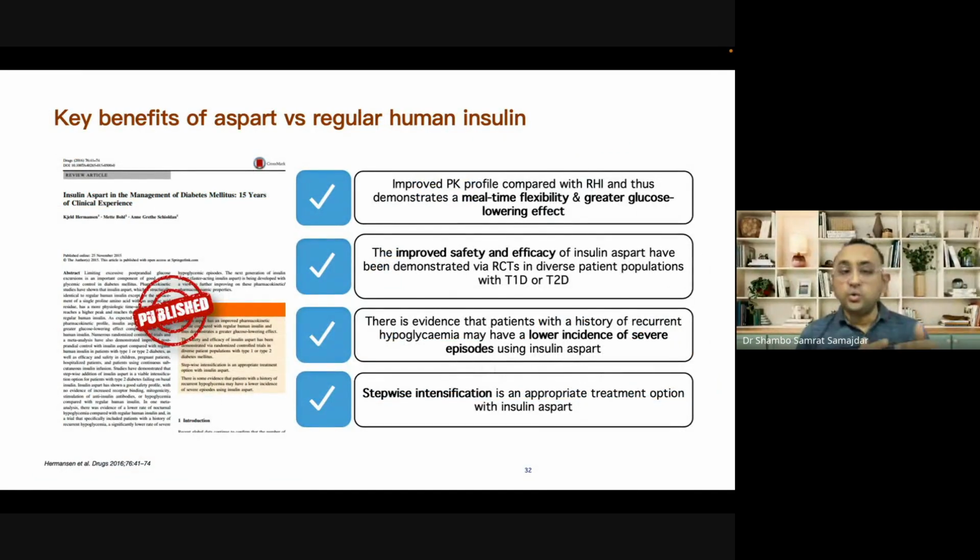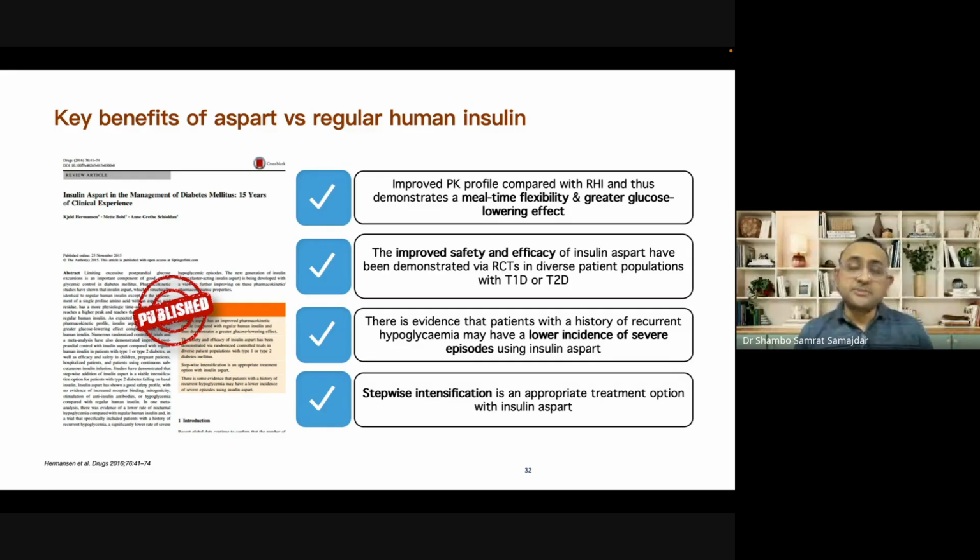So when we talk about aspart versus regular insulin, be it aspart or glulisine, the improved pharmacokinetic profile helps us reach mealtime flexibility and greater glucose lowering effect. The improved safety and efficacy of insulin aspart has been demonstrated in multiple randomized controlled trials, including various patient phenotypes with type 1 and type 2 diabetes.